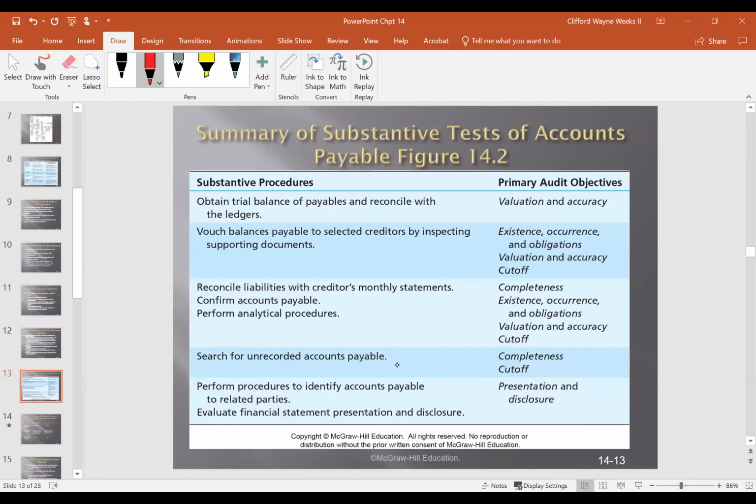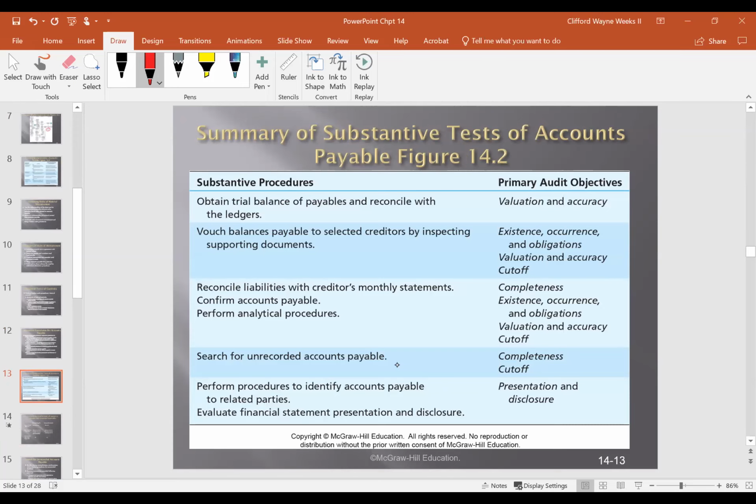Okay, the substantive procedure: obtain a trial balance of payables and reconcile with the ledgers. We're doing this for valuation and accuracy. Vouch the balance payable to selected creditors by inspecting supporting documentation.